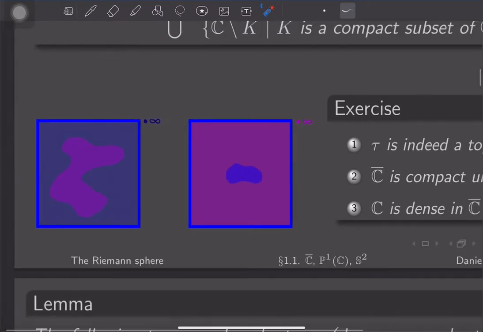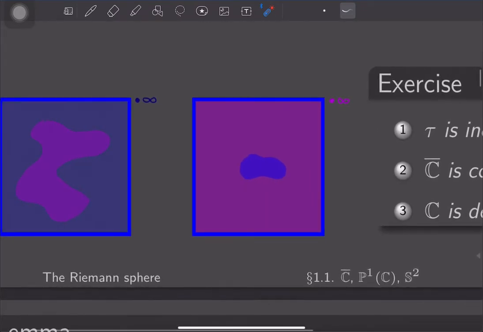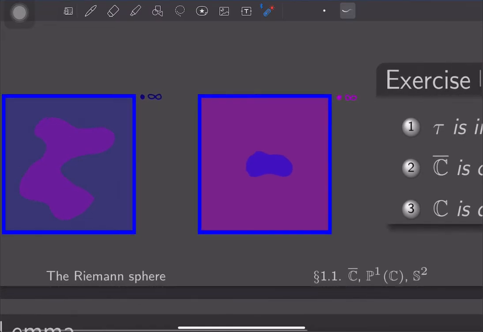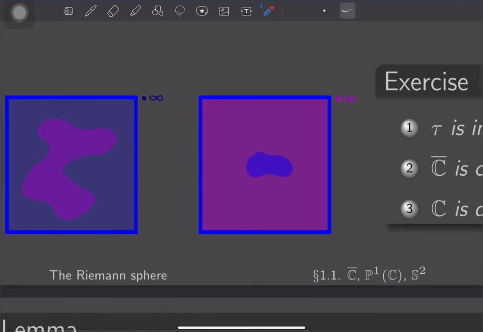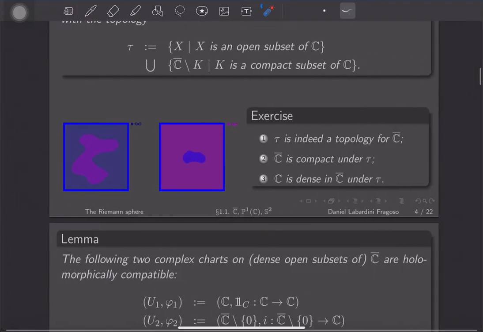Okay, so this is just a sketch. Both of them are purple, but these purple sets are the open sets in C bar.